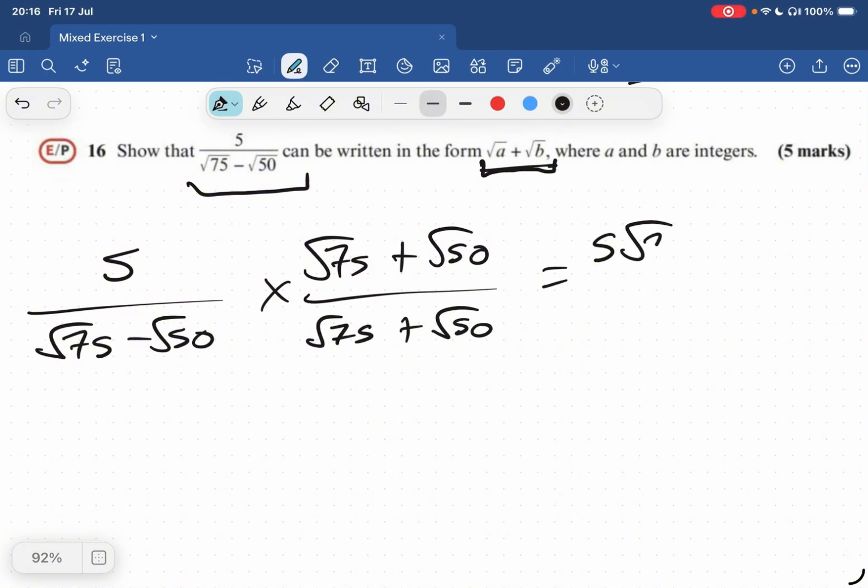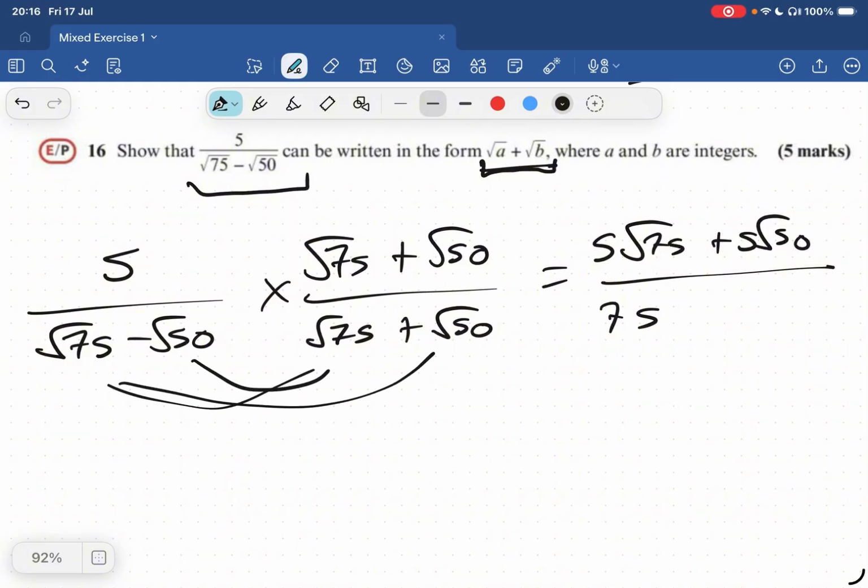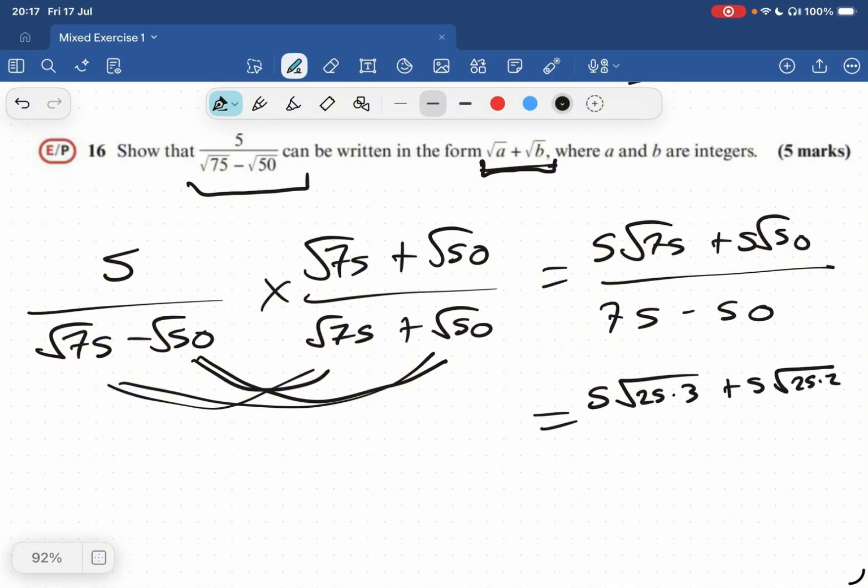So 5 root 75 plus 5 root 50 over, now we've got 75, and then we've got the cancellation that we talked about, so plus 50, take away that, so we take away 50. Root 75 is 25 times 3, and 50 is 25 times 2, over 25.